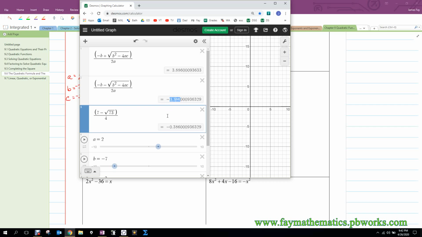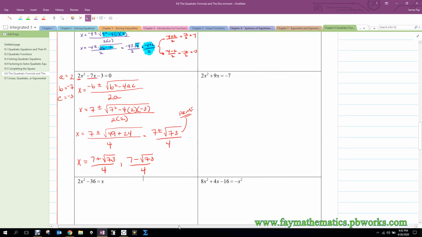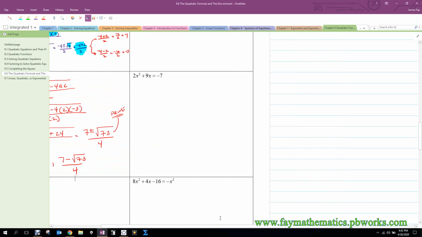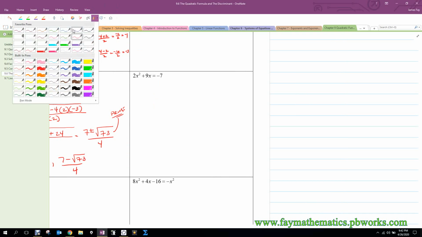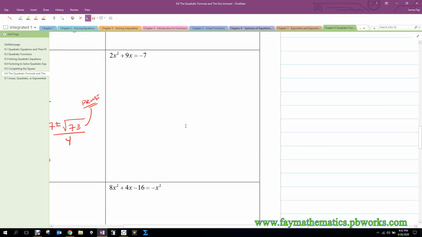Just got to pay attention. So all of these are very similar, and you can see it's a pattern. That's what we talked about at the beginning, that the formulas are for things that are repetitive.